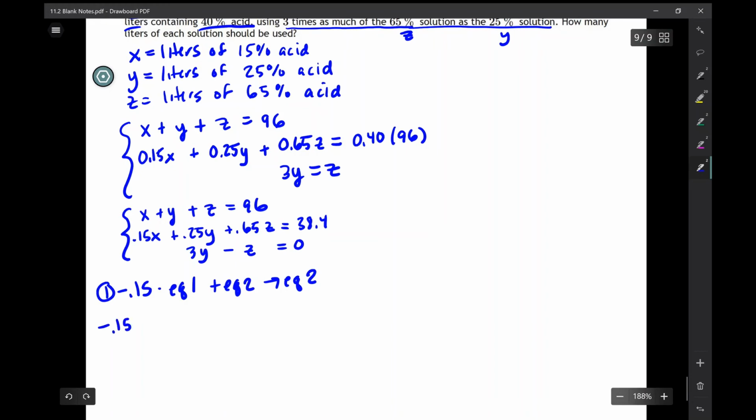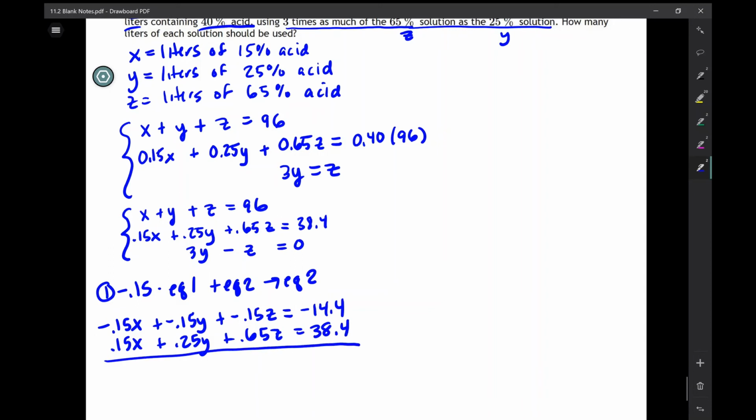Negative 0.15x plus negative 0.15y plus negative 0.15z equals 96 times negative 0.15, which is negative 14.4, and we're going to add that to 0.15x plus 0.25y plus 0.65z equals 38.4.